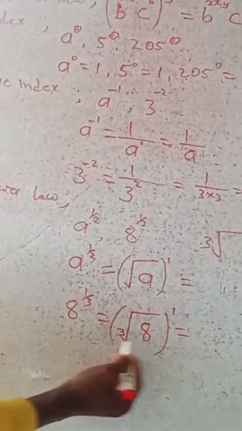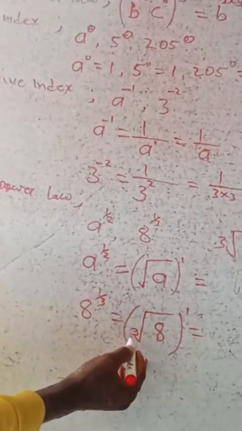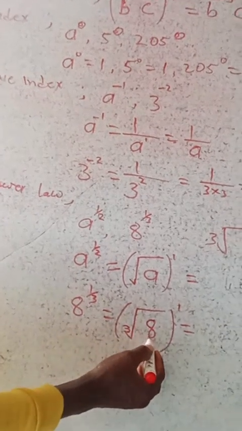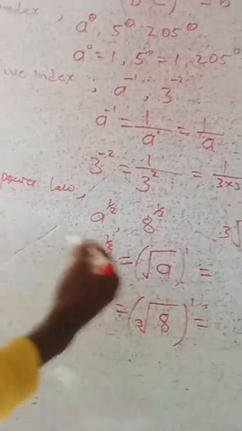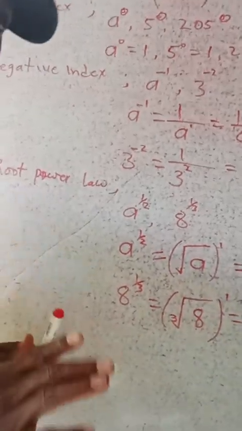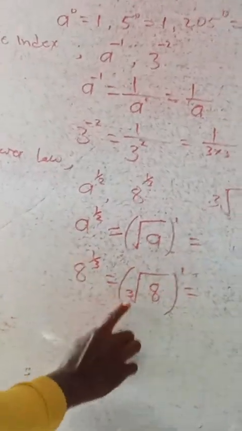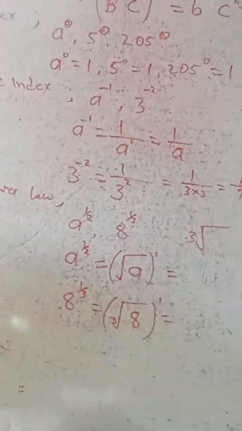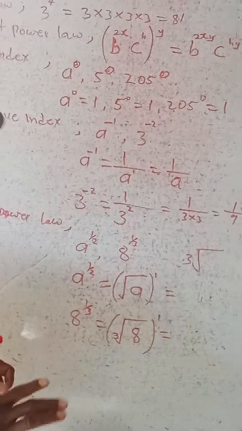Now what would this imply? Third root of 8. Let me explain that. When we say third root of 8, or any root of any number, how it is done is this.